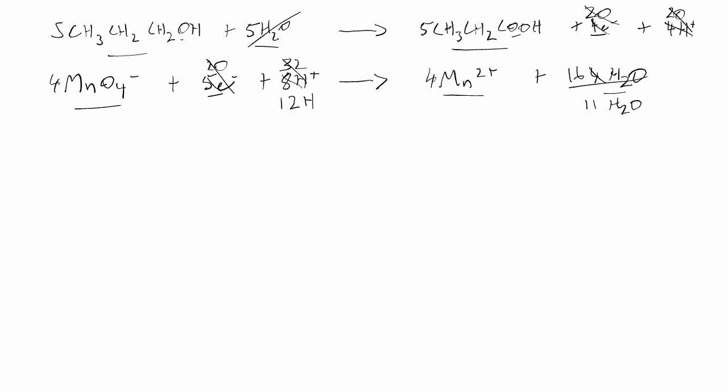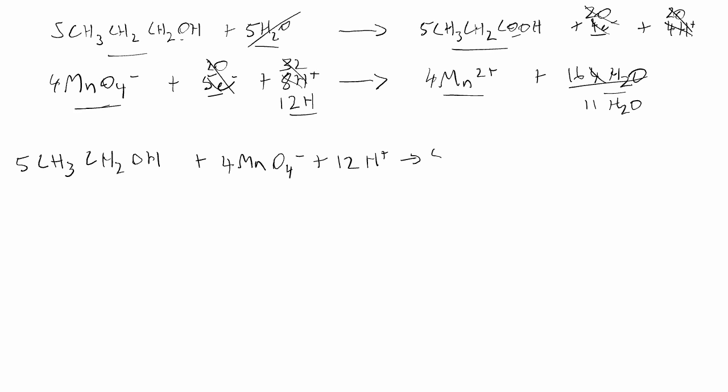And we're going to start with the alcohol. So 5 CH3CH2OH, plus permanganate, so 4 MnO4-, plus our hydrogen, 12 H+.